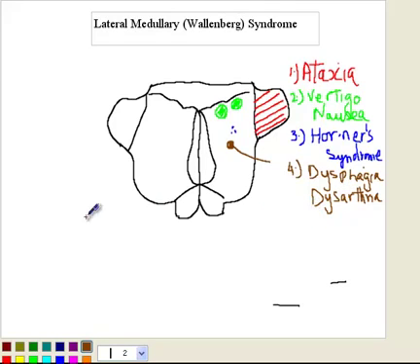Then the other structures that are involved are the spinal tract and the nucleus of the fifth nerve.